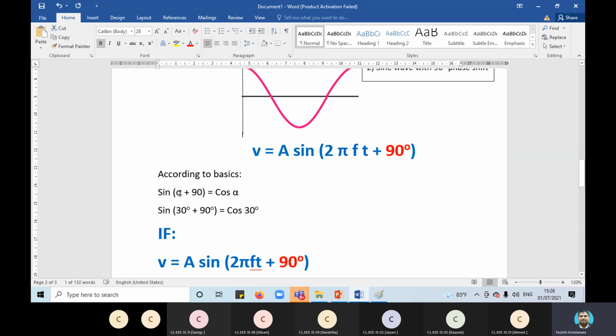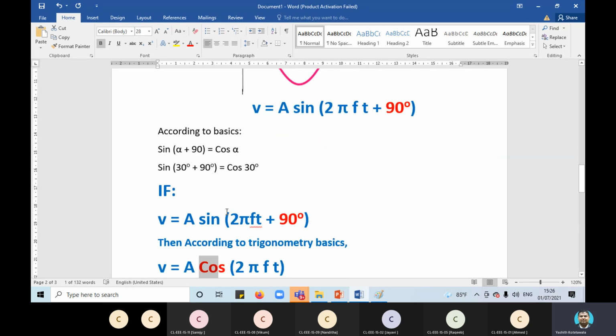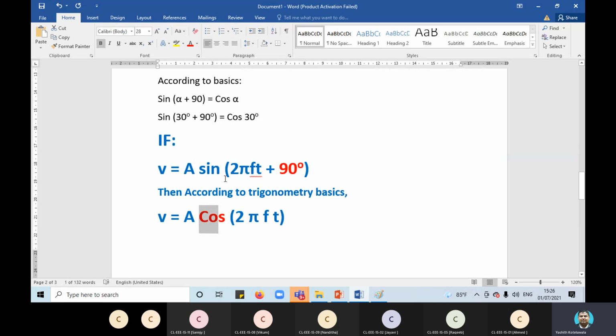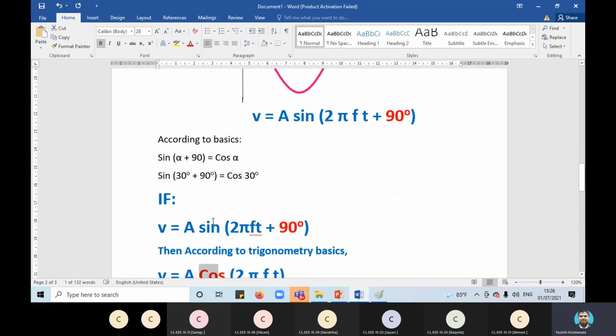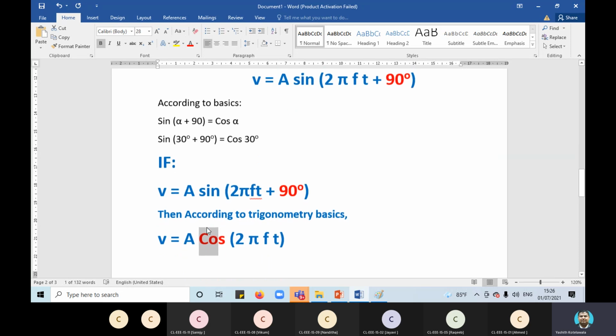When you get a particular angle in sine plus 90, you can represent the entire part as a cos angle. So with that, this sine becomes cos. Other than that, there is nothing. It's still sine. So there is no problem writing it sine 2 phi ft plus 90. No problem in that. But to make it a bit more mathematical, whenever you see a situation like this, we can convert it to cos and write it down a little bit more simply like this.